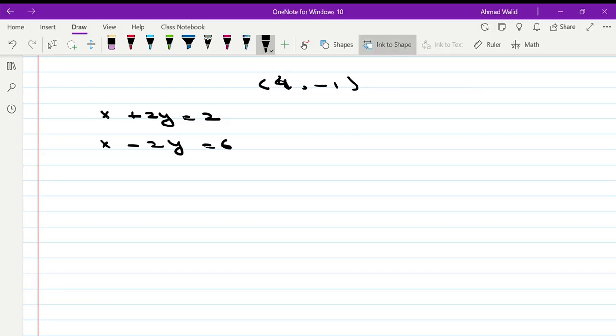It means when you replace x with 4 and y with -1, in equation number 1, both sides become equal to each other. This answer should satisfy equation number 1, and it should also satisfy equation number 2 at the same time. If an ordered pair satisfies both equations at the same time, we call that ordered pair the solution for the system. Let's check.